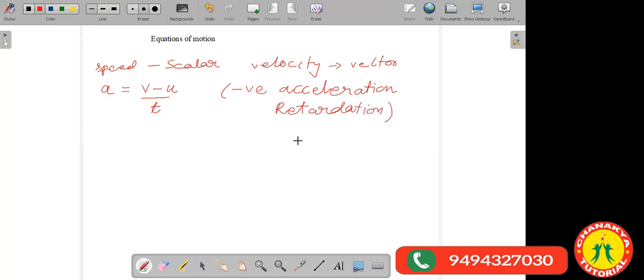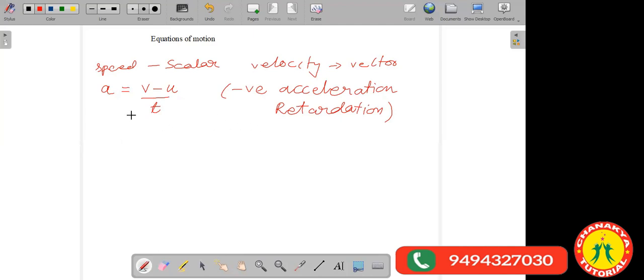So I can say the vehicle is retarding. Retarding means its velocity is decreasing. If the velocity increases, I will say that velocity is increasing. So acceleration is a common word, which can be either positive or negative. But if I say retardation, it surely means a negative acceleration. In a similar way, we also use the term deceleration, which can also be called negative acceleration.